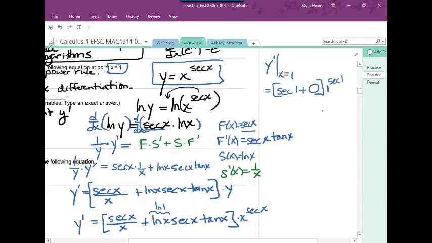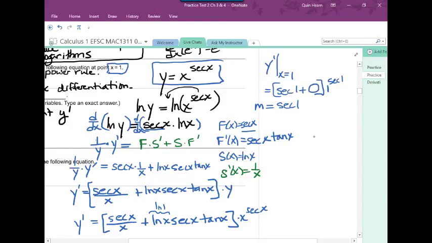But 1 to any power is just 1. So 1 times secant of 1 is just going to be secant of 1. Now I'm just writing secant of 1 and not evaluating it because 1 is not a special angle. So it's not going to turn out nicely. So we just leave it as secant of 1. So your slope is actually equal to secant of 1.